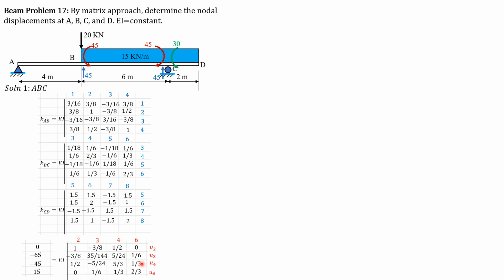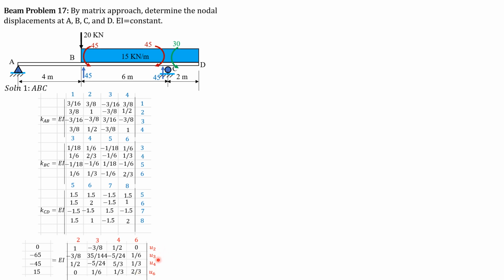Then 4, 6 is 1 third. Then we copy 1 third here. Then 6, 6. This is not included because that is CD. We only consider ABC. So 6, 6 is 2 thirds.